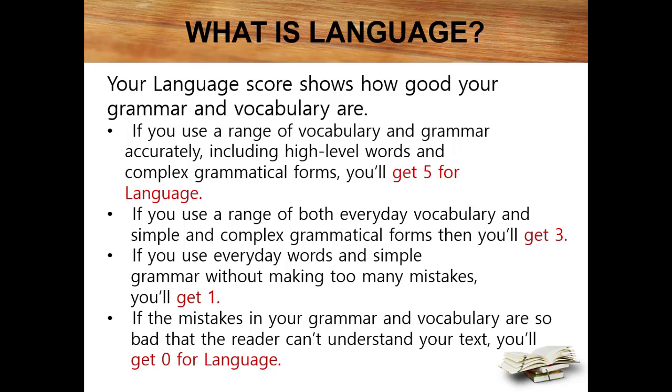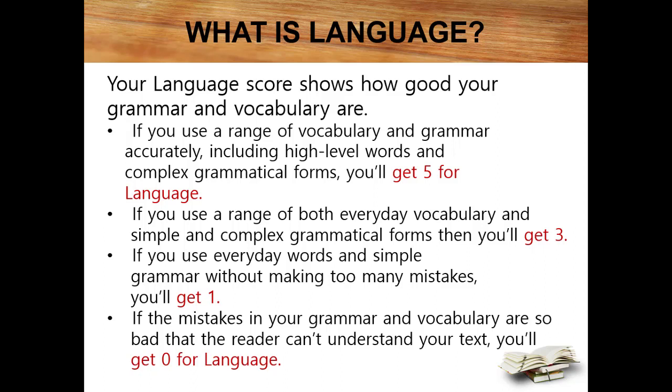Grammar means present tense, past tense, present continuous, past perfect tense, all the prepositions, adjectives, adverbs, and all the vocab are in the mark of language. If you use a range of vocabulary and grammar accurately, including high-level words and complex grammatical forms, you will definitely get 5 for language.